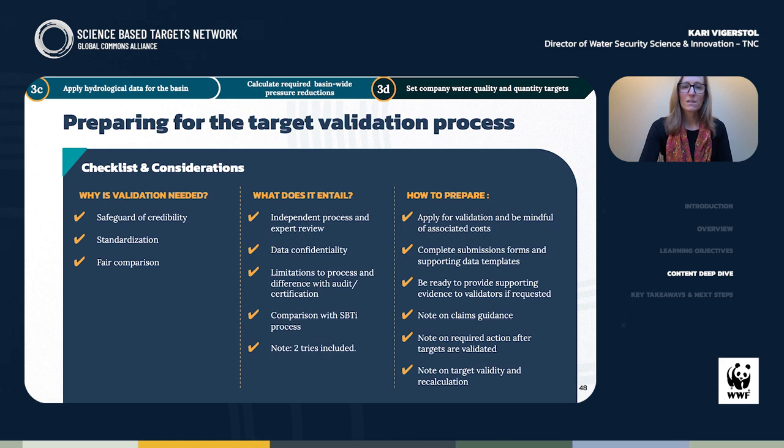Once the validation process is further refined by the Accountability Accelerator, a validation platform will be released to make this process easier for companies, ensuring all communication with validators occurs on this system to ensure data security and confidentiality.